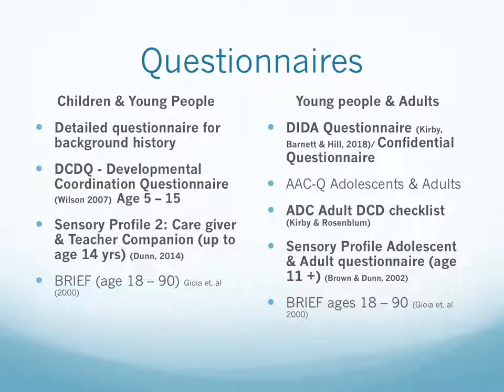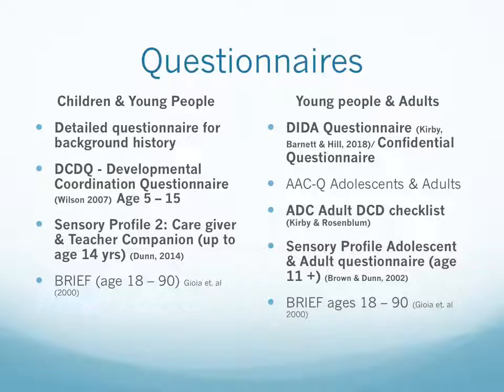The DCDQ is actually a bit oversensitive, so it's more likely to flag up more children as at risk of DCD, indicating further assessment, than children who actually end up meeting the diagnostic criteria. It's well known it's a little bit oversensitive, but to be honest, that's not a bad thing, because it means that children aren't missed. So it's better that more children are flagged to go on to have a thorough assessment than not.